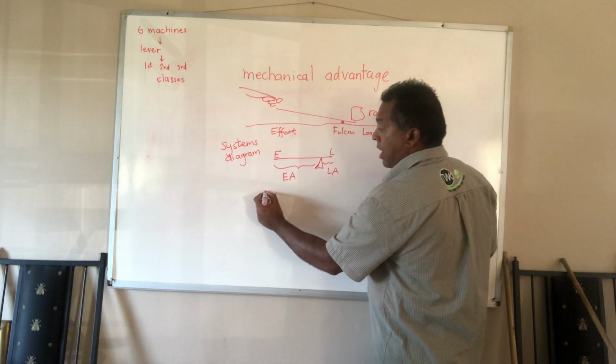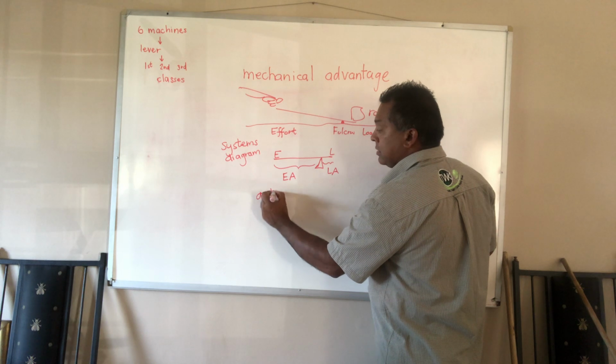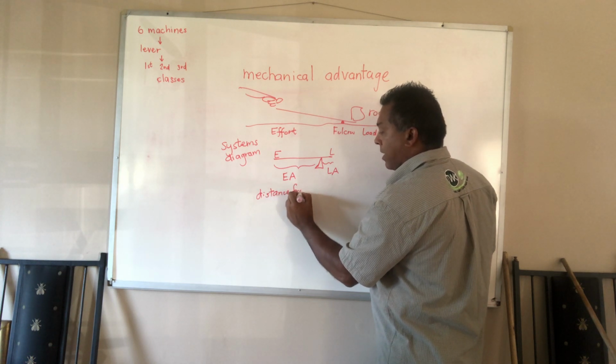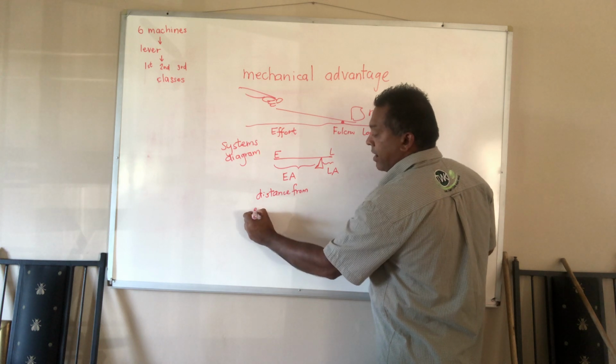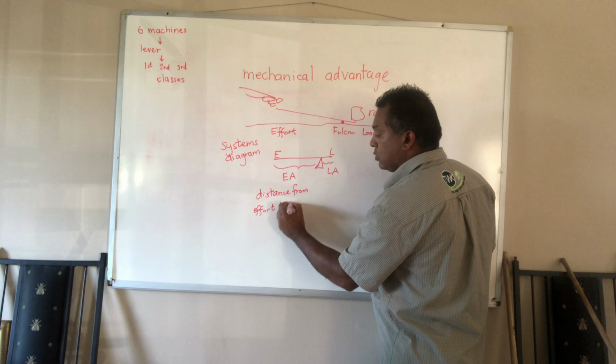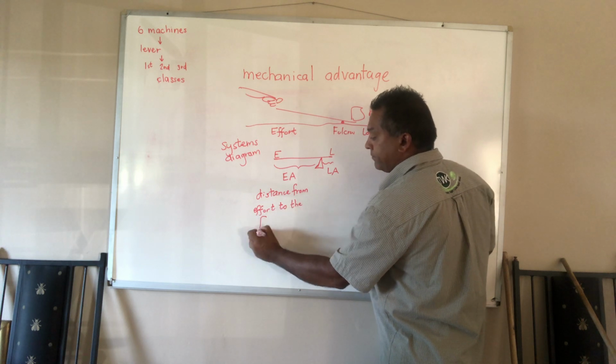Now, the effort arm is basically the distance from the effort to the fulcrum.